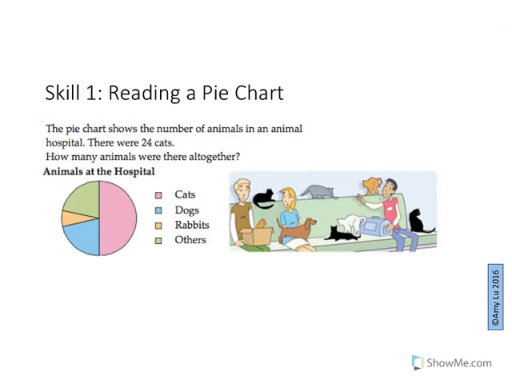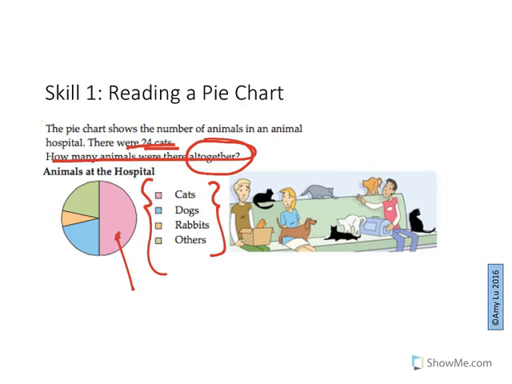Now, let's go into the first skill, reading a pie chart. The pie chart shows the number of animals in an animal hospital. There were 24 cats. So when we come to these word problems, they give a lot of big hints, and it's up to us to read it carefully. Now the question is, how many animals were there all together? So if we look at this pie chart, we'll notice that the pink part represents the cats, the dogs are represented by blue, orange represents rabbits, and green is the others, kind of like lizards or gerbils.